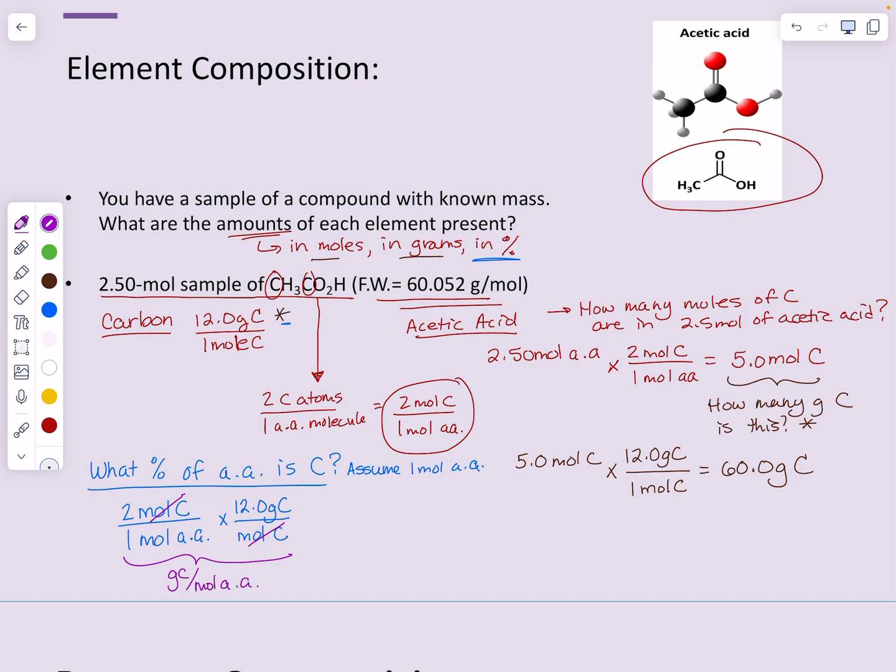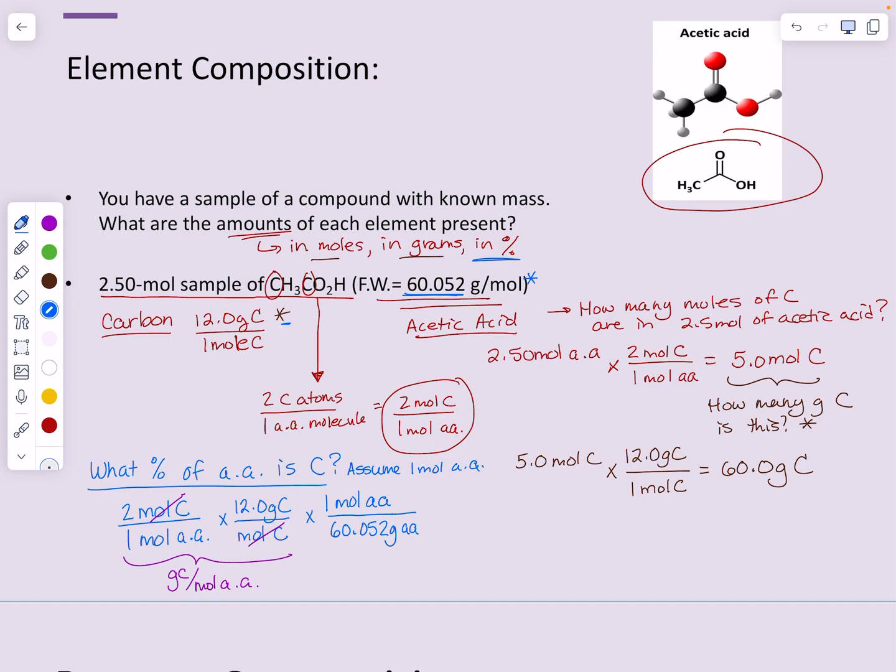And I know what the total mass of acetic acid is, right? So the next thing I'm going to do, okay, is I'm going to use the molar mass of acetic acid, that formula right there, okay? And I'm going to find out what percentage of the mass of the molecule is due to the carbon. Okay, so in this case, 1 mole of acetic acid is 60.052 grams.